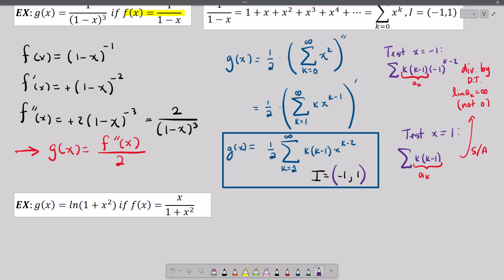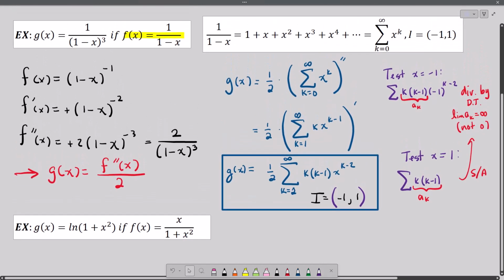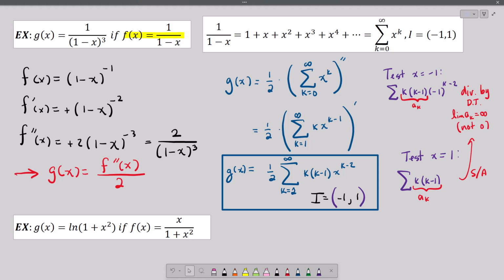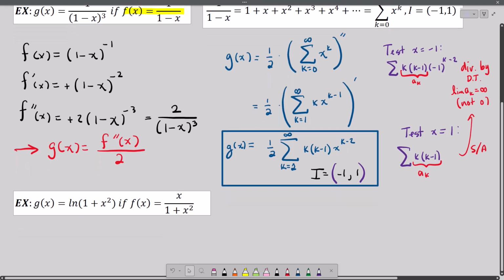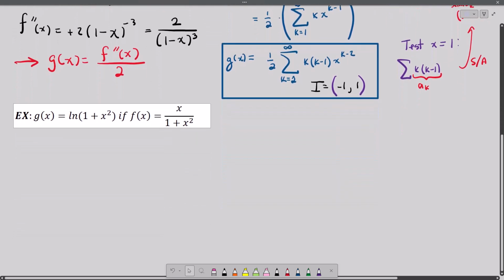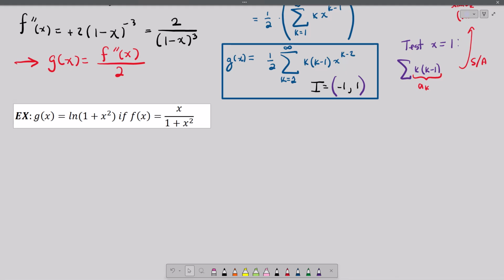All right, so that is the most complicated problem that you're going to see in this chapter, where we build a new power series by differentiating or integrating a known power series. We'll be able to get through this one, but let's at least set up our template. First off, this function over here, f, I claim you already know the power series for it.